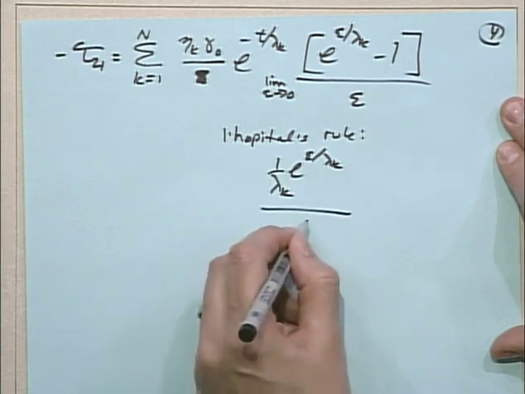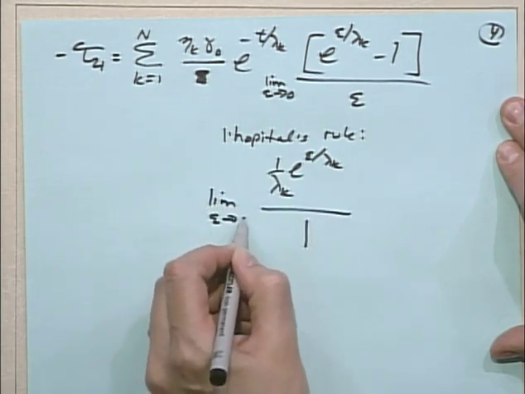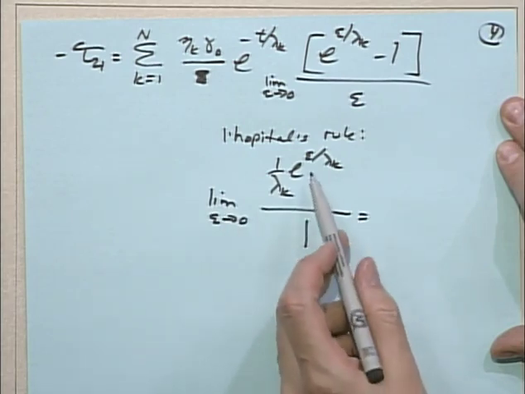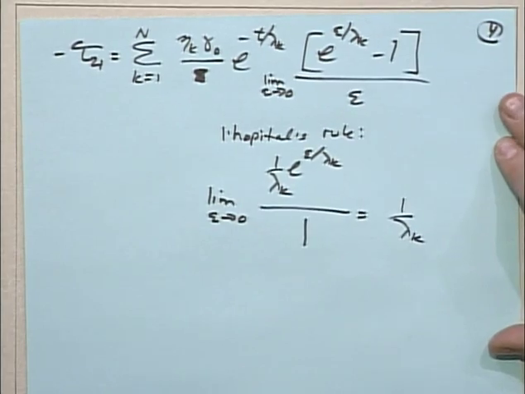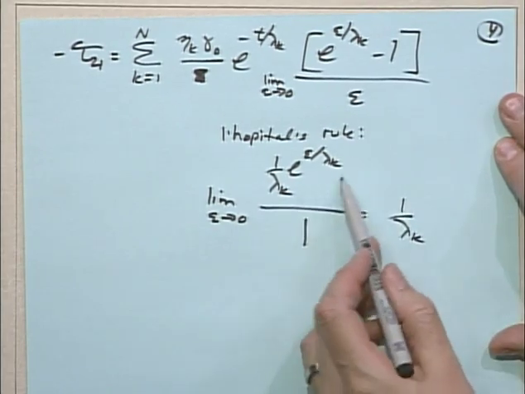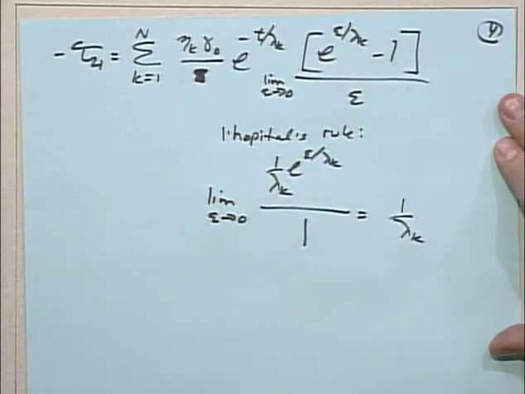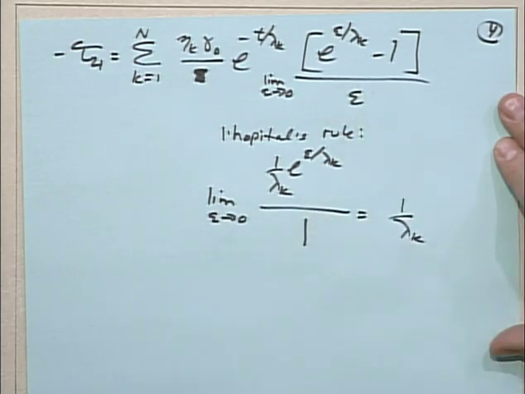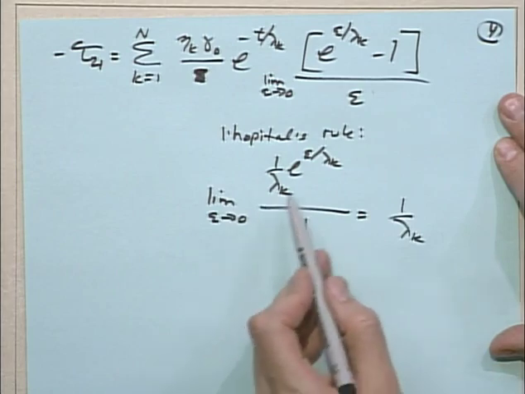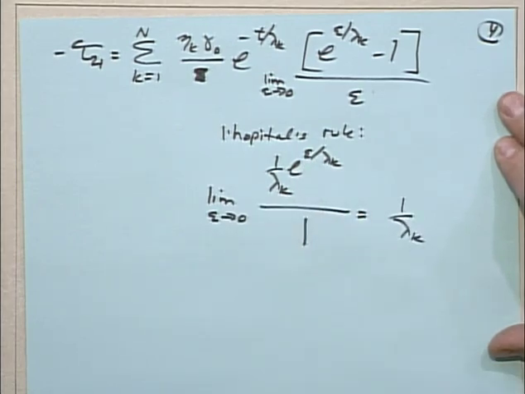And the denominator, I get 1. And that limit is 1 over lambda. So this term came from taking the derivative of the numerator with respect to epsilon, and this term came from taking the derivative of the denominator with respect to epsilon. Then I take the limit again, and e to the 0 is 1, so I get 1 over lambda.